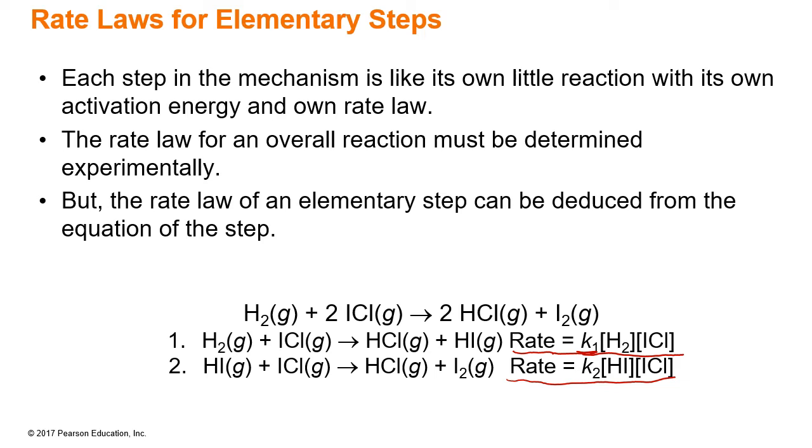There are two reactants: one hydrogen iodide, so it's first order for hydrogen iodide, and one iodine chloride, so that is also first order. It has its own rate constant as well. And so we can deduce these rate laws from the elementary steps. We could not do this in the overall reaction, but we can using our mechanism.